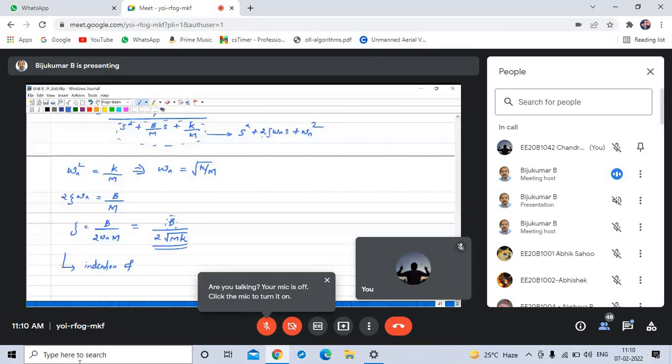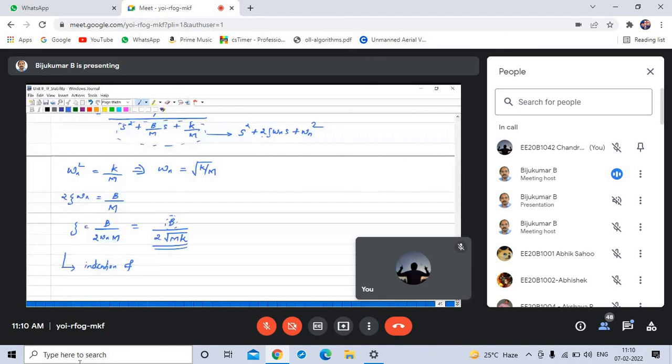Another way we can tell is that it is the indication of the amount of damping or energy dissipation in the system. Because b indicates the damping coefficient. So I hope everyone understood what zeta is.